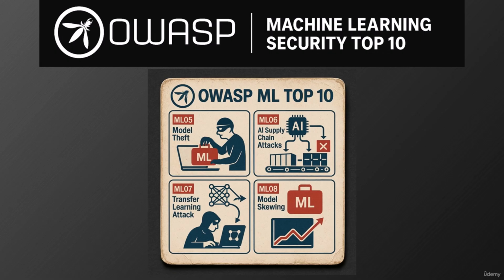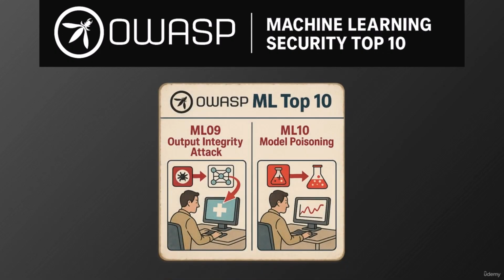Model skewing, ML08, refers to adversarial influence on model behavior through altered training data. Output integrity attacks, ML09, tamper with a model's output after inference. And finally, model poisoning, ML10, targets the model's internal parameters, either degrading its performance or implanting malicious behavior.